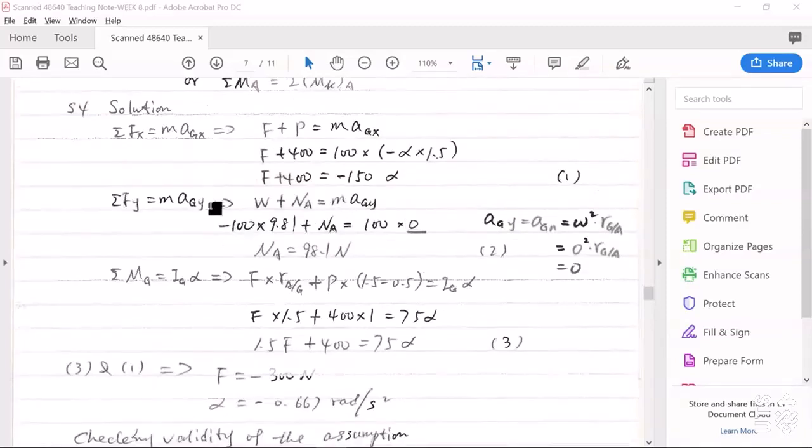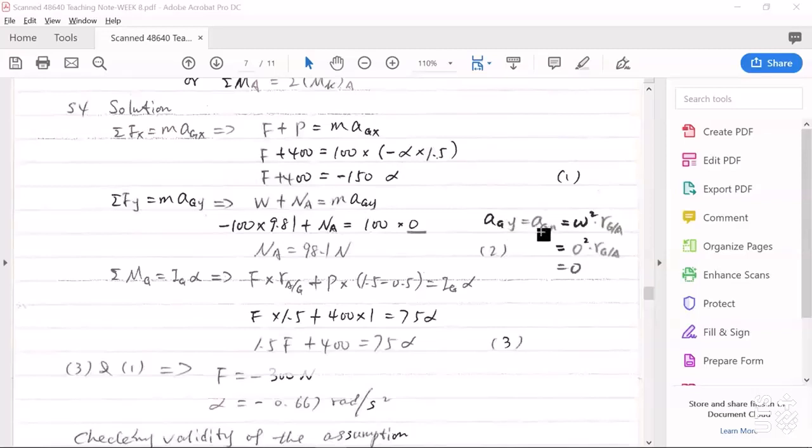Along y direction, we have weight force W and reaction force NA. AGY at this instant must be 0. Why? As mentioned just now, at this instant, because the rod is vertical, AGY is actually equal to AGN.